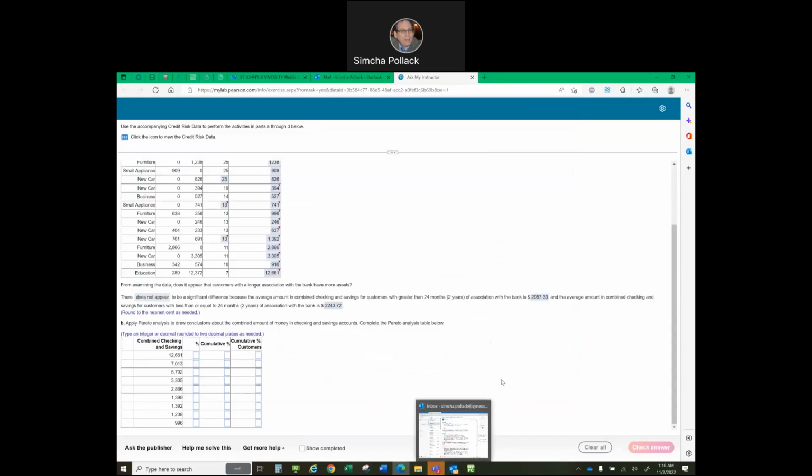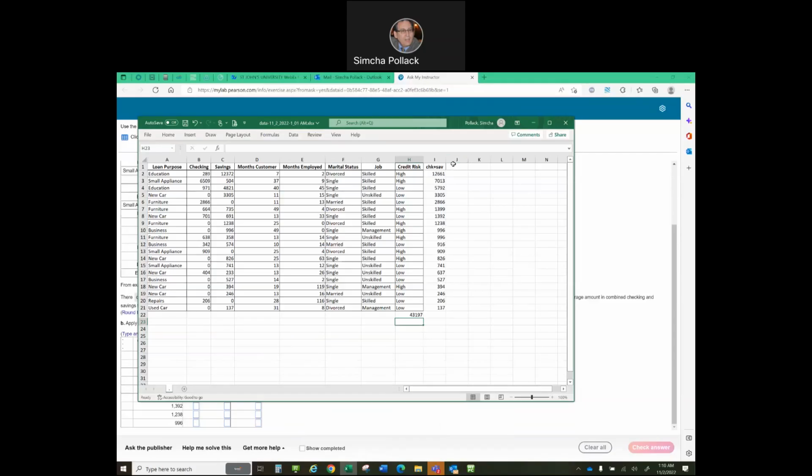What percentage of the total is devoted to that first person? So you take this number here, this is percent, is equal to J2, no, sorry, it's equal to I2 divided by the sum, which is 43,197, which is H22.